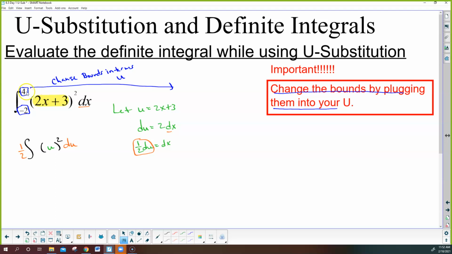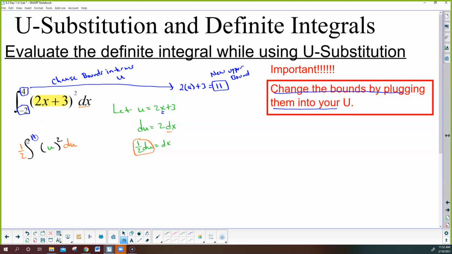But if I take this 4 and I plug it in, I'm going to do 2 times 4 plus 3. So all I did was take the u and say, well, 2 times 4 is 8. 8 plus 3 is 11. So this is my new upper bound. Okay? Or sometimes I just write top.